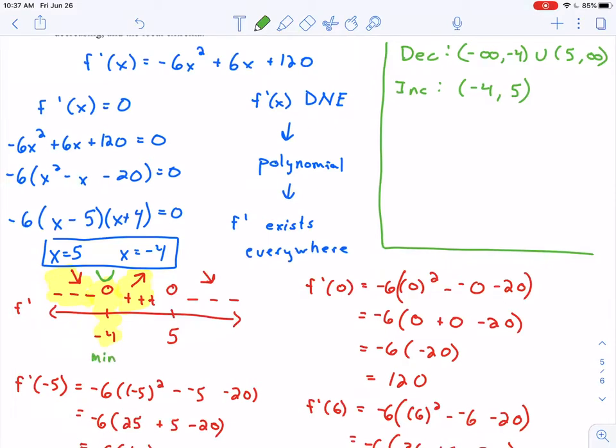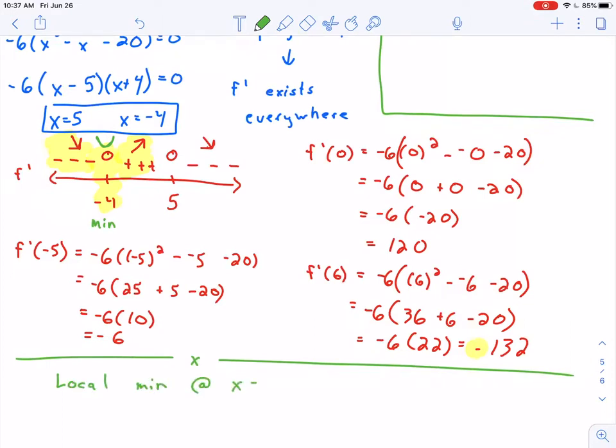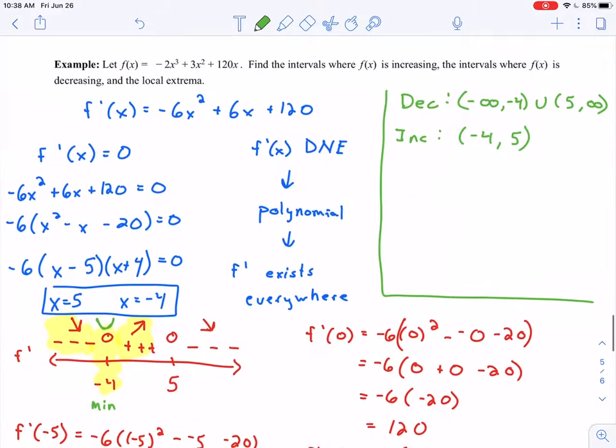So I know that x equals -4. I'll make a note down here, we have a local min at x equals -4, but I also want to give the y value with my answer. So I'm going to take that -4 and plug that into my original function f of x in order to find the y value.